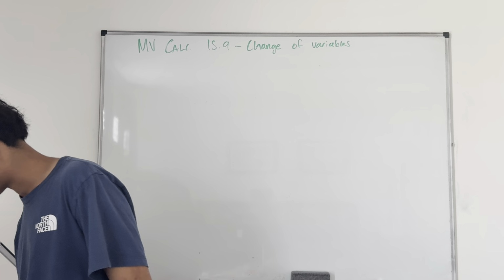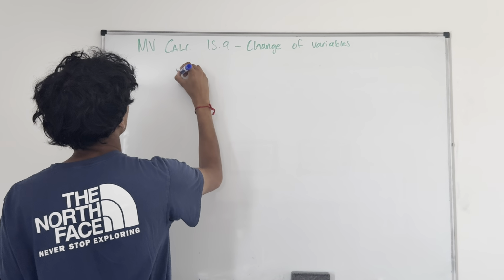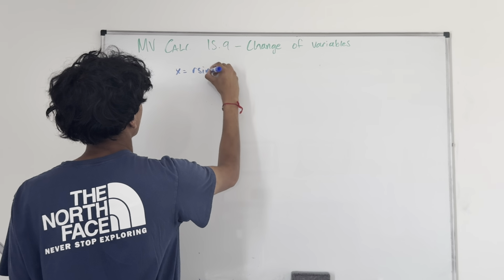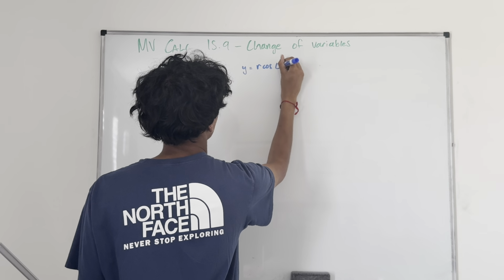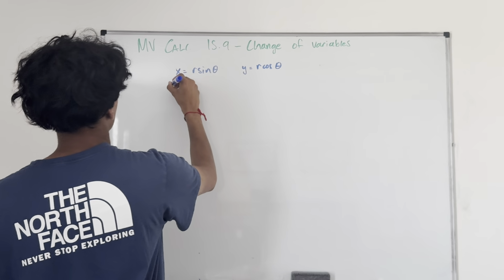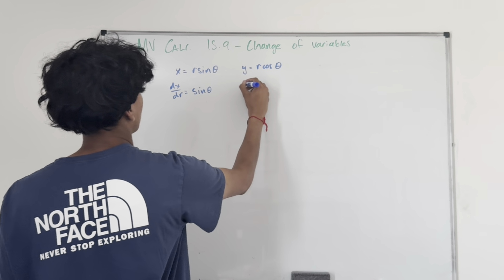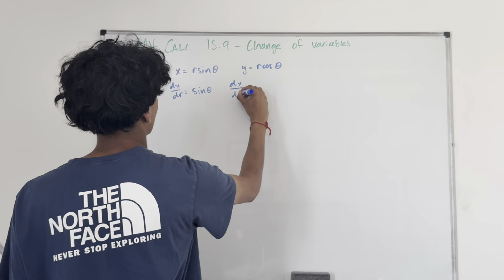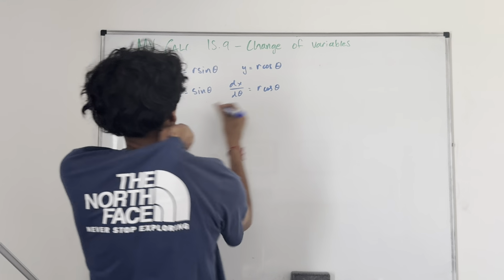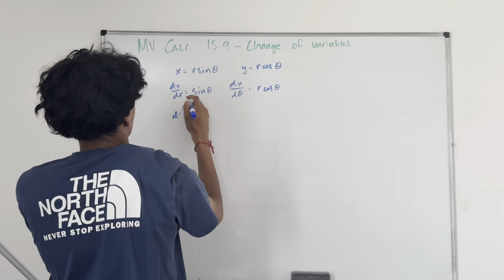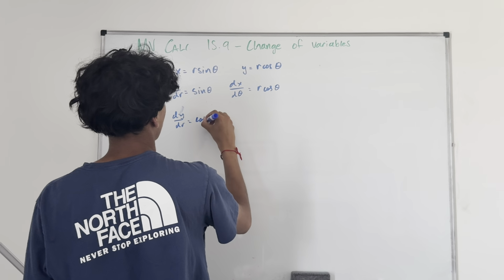The change in variables we've done in polar coordinates is we say, let's say x is equal to r sine theta, and y is equal to r cosine theta. Then dx dr is just equal to sine theta. Dx d theta is equal to r times cosine theta. And then dy d theta dr is equal to cosine theta.